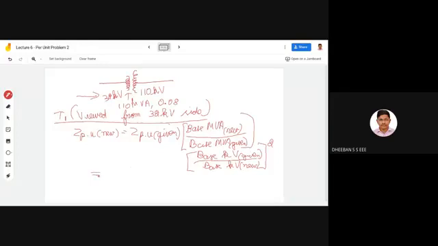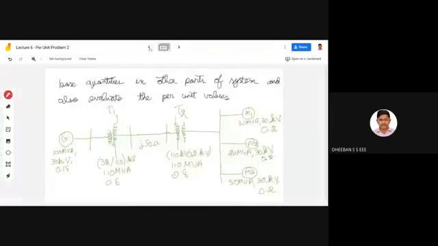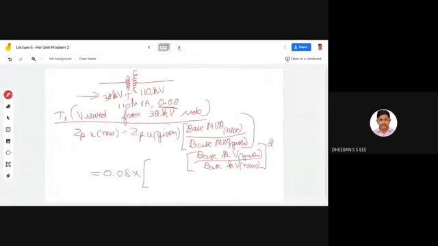As per the question, 0.08 is your Z per unit given. So you put 0.08 into base MVA. They have told in the problem that you have to consider your generator quantity as the base MVA. As per that, your base MVA for your generator is around 100 MVA, so you have to consider it. So 100 divided by base MVA given.